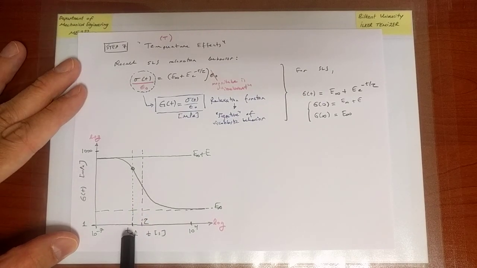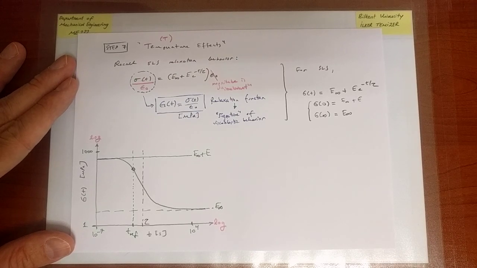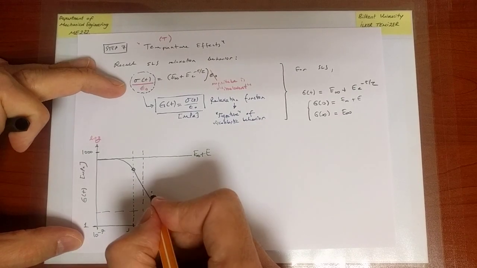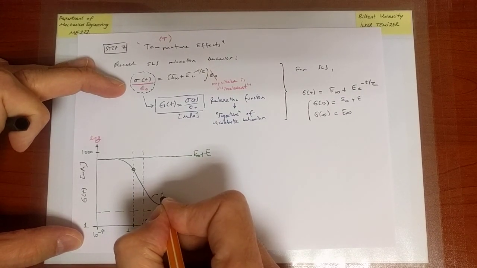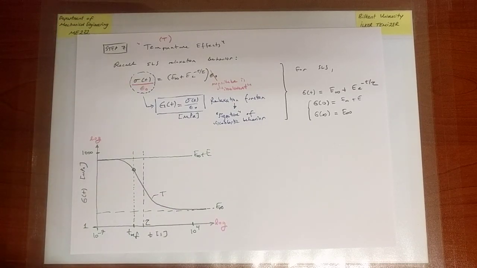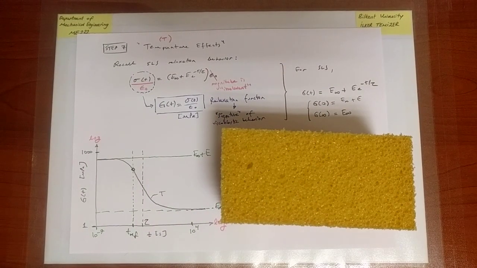But this is some arbitrary time. And now let's say that this experiment was done at a certain temperature, at a reference temperature of the medium. And now what I will do is I will carry out the same experiment with the same material.